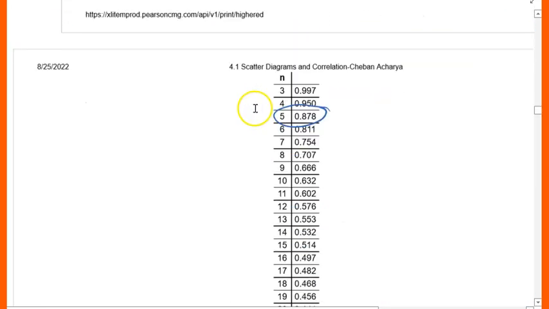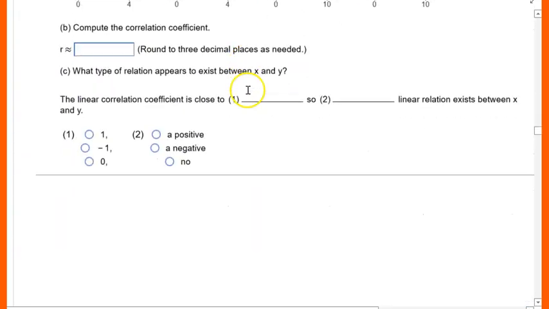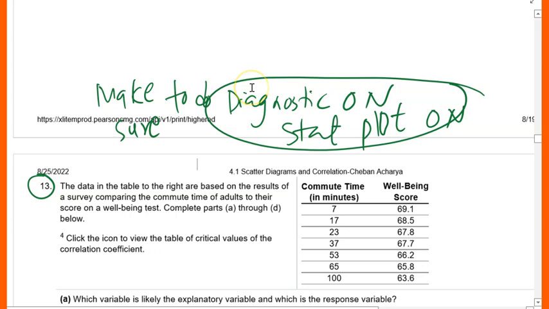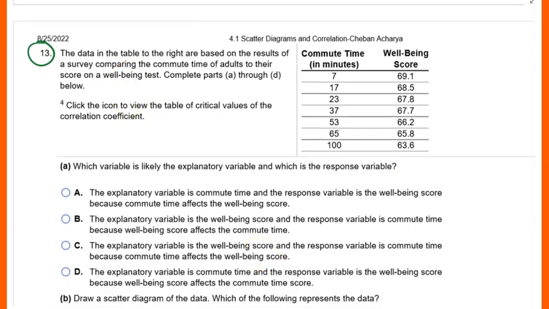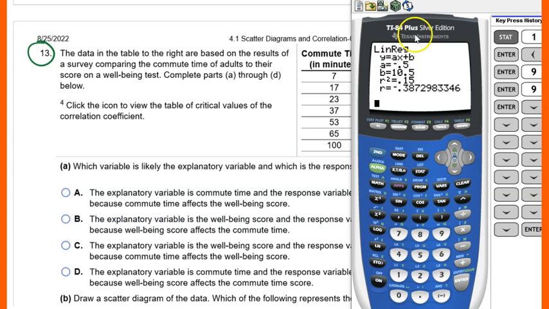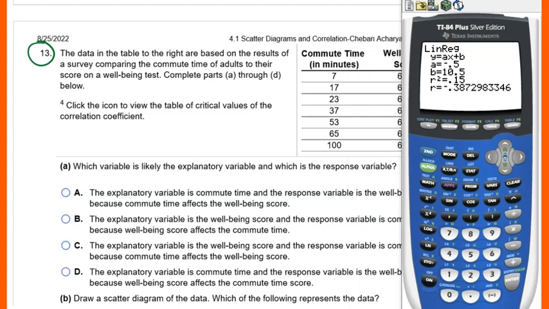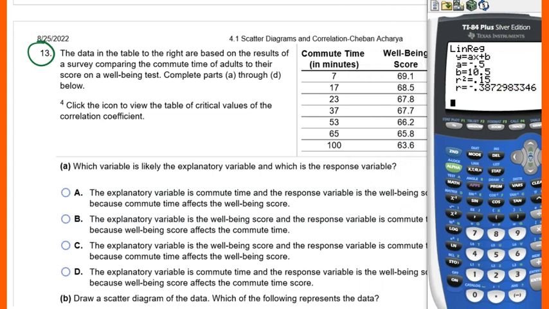How do you draw the scatter plot and how do you find the R? I'm going to do this question number 13 now. To do that, I'm going to open the calculator. Let's put the data in the calculator first. How do I put the data in the calculator?